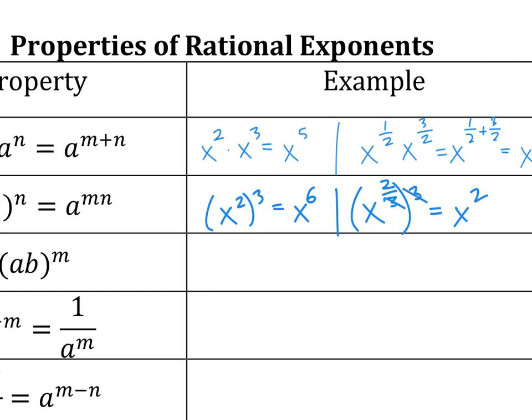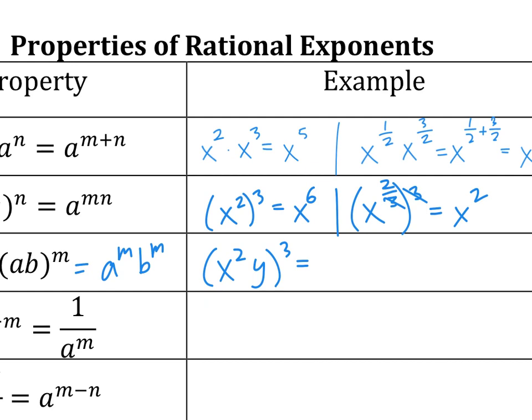Next, ab to the m. That is distribution. A to the m, b to the m. So for example, if I have x squared y cubed, all to the 3rd, what does that simplify to? Actually, let's have you write it down first, what you think the answer is, and I'll call on you to answer the question.